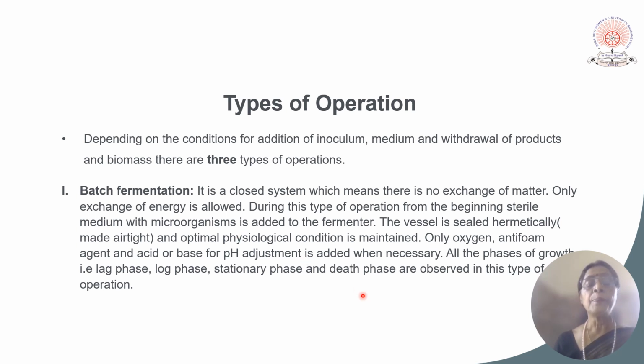At the end of a particular specific duration, the fermenter is stopped, and the product is recovered. In between, only oxygen, antifoam agents, or acid and base for pH adjustment are added, but nutrient is added from the beginning and product is recovered at the end. There is no taking out of the product or addition of nutrient in between in such kind of fermentation.